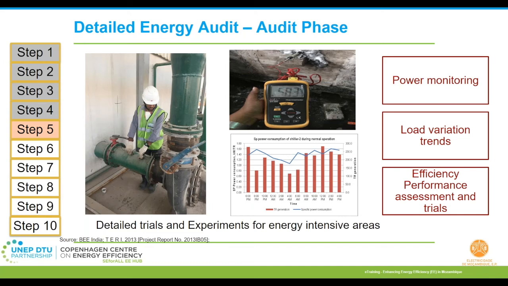Basically, at this step, detailed performance evaluation and efficiency trials are done through various sets of measurements. We will see these performance assessments in detail for HVAC systems in my upcoming presentations.